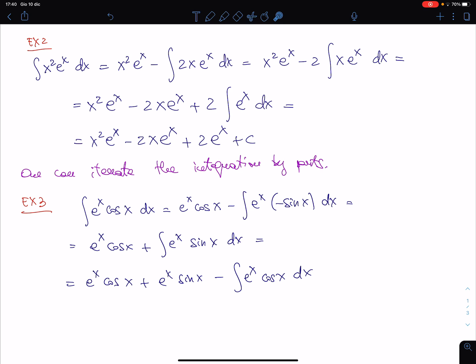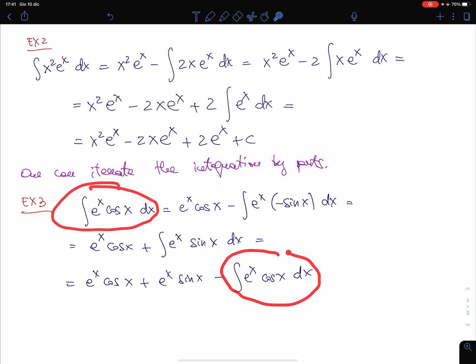One here can be quite desperate because we gained exactly the same integral here and here. So this procedure seems to be hopeless. But notice that here there is a minus sign, and here a plus sign.